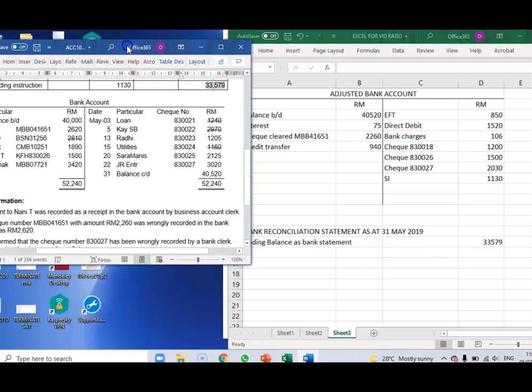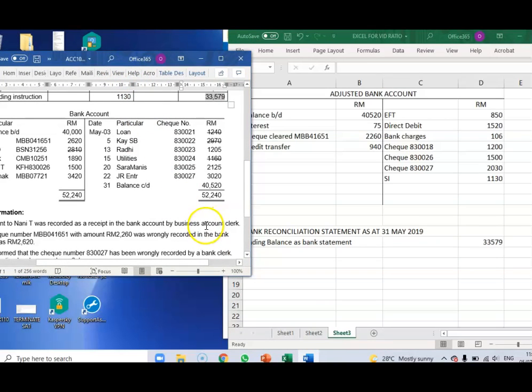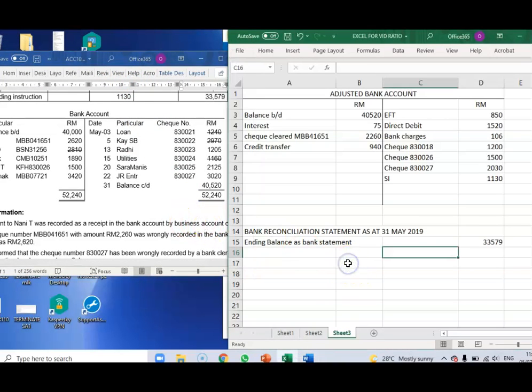Okay, now let's have a look. What has been recorded by us but not recorded in the bank statement?